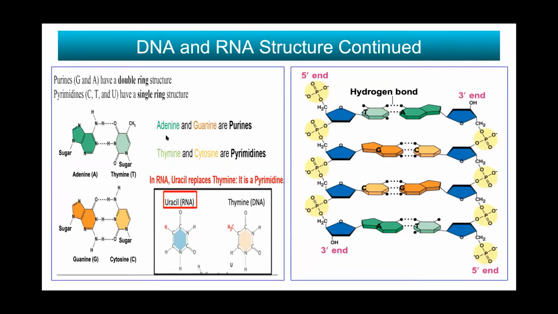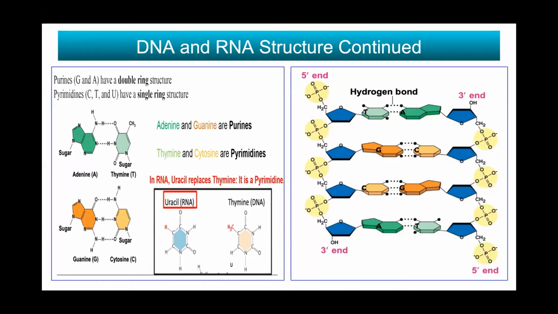Okay, so essentially, there are four different bases that DNA is made up of, and these four bases are separated into two categories. Adenine and guanine, or A and G, are what we call purines, and thymine and cytosine, T and C, are pyrimidines.